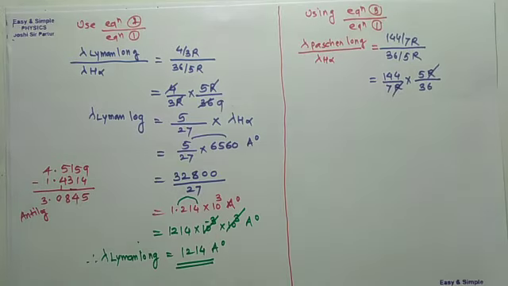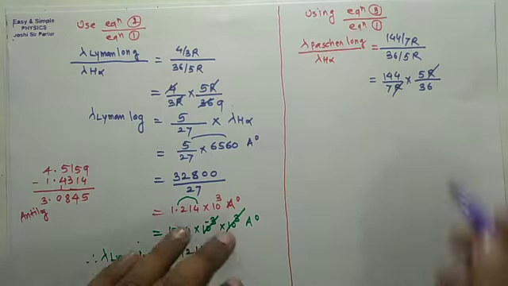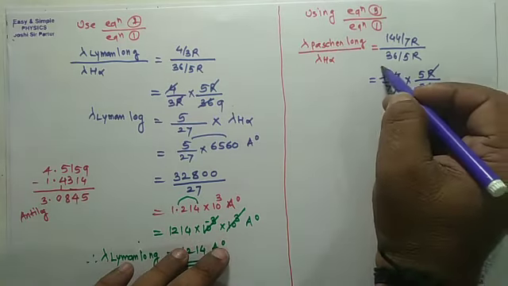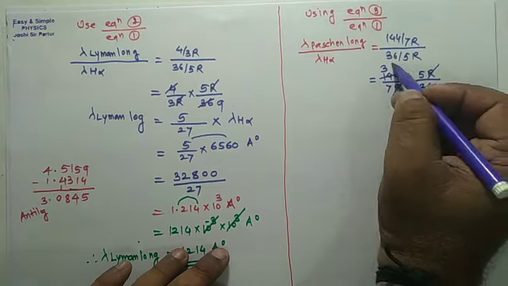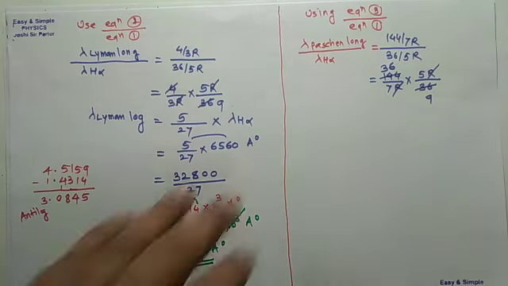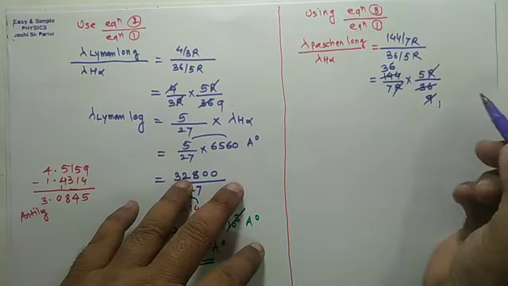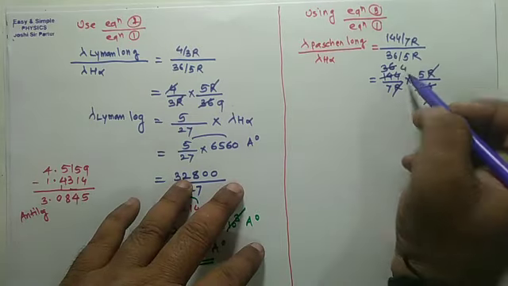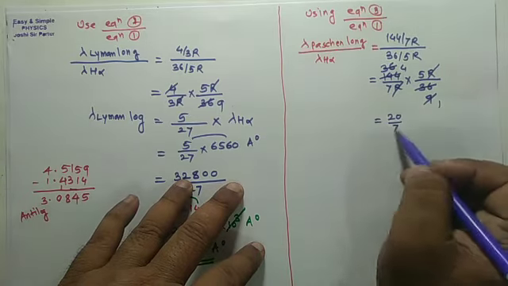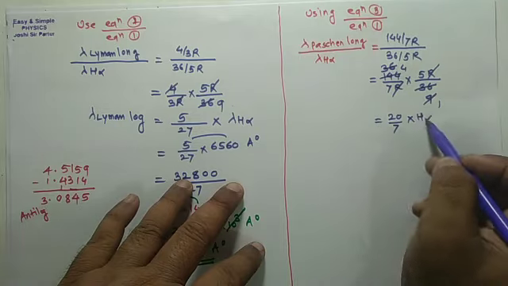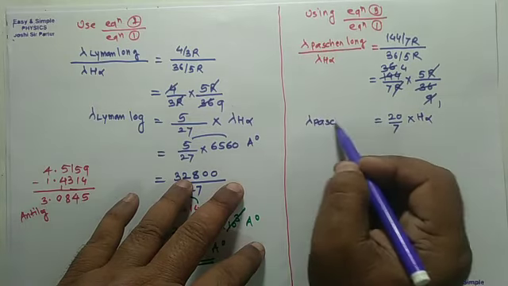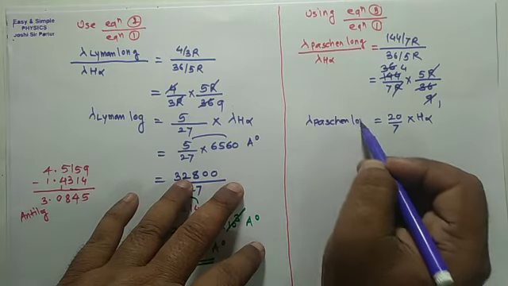So here 9 for the 36 and 4 3s are 12, and here 4 6s are 24. So 9 1s are 9, 1 and 4. It will be 20 divided by 7 multiplied by H alpha line, that is lambda Paschen longest.